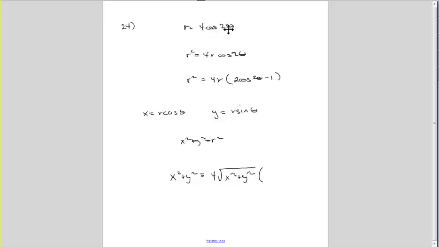But part of the thing is this cosine of 2 theta thing. Typically if you have a rose shape, if you look on page 735, you'll see that if we've got r equals some constant times cosine of n theta, when n is even, it's going to have an even number of lobes.